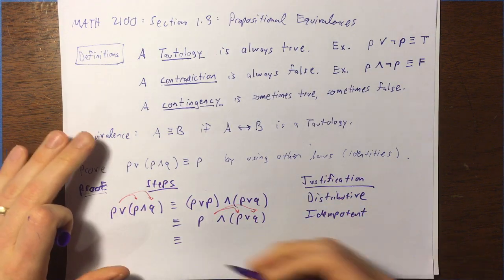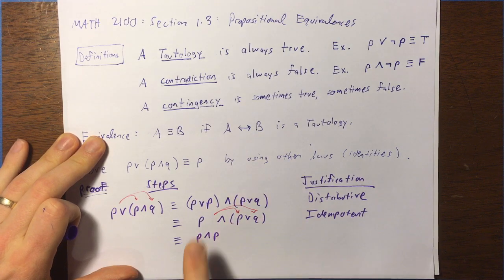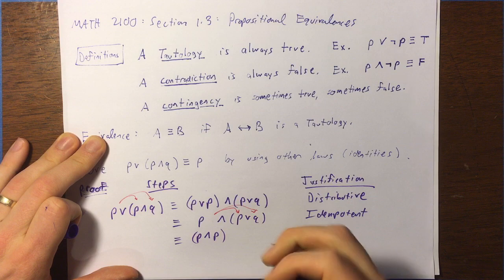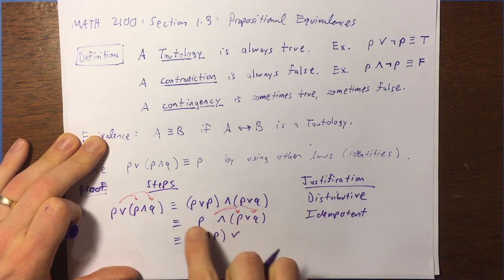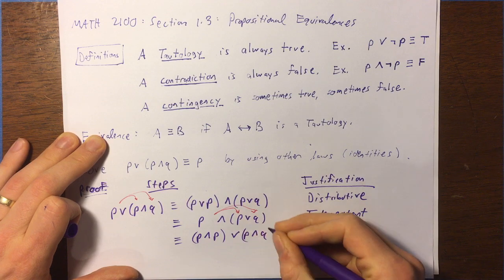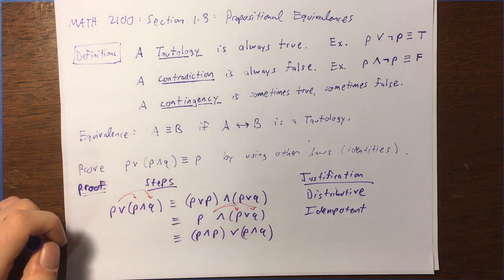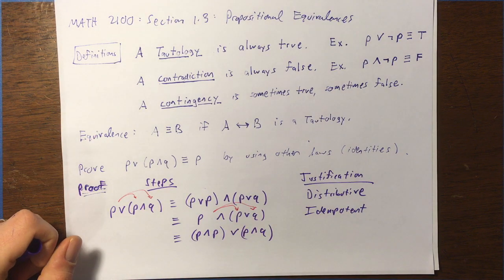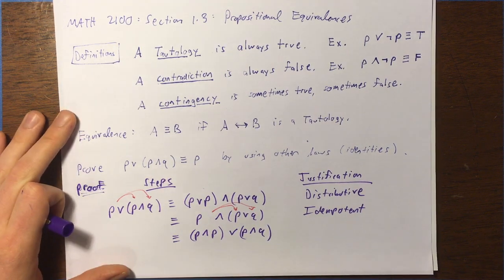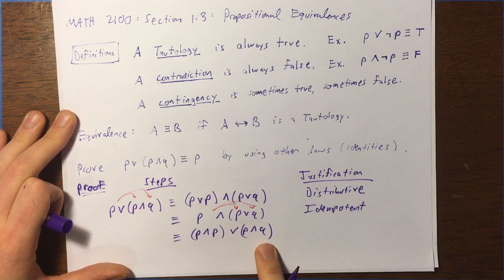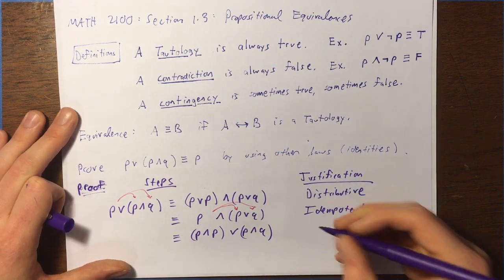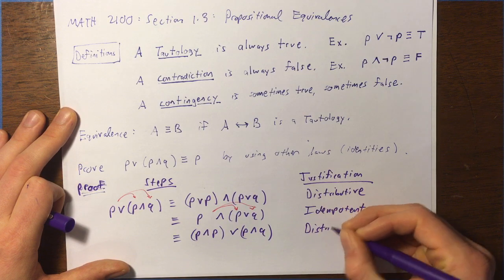So (P and P), and then we're going to do P, and then these are combined with or, and then P and Q. Let's put parentheses. By the way, not all of my parentheses here are necessary because of the order of operations, but I like to use them just to make very clear exactly what this means. That was by the distributive law.